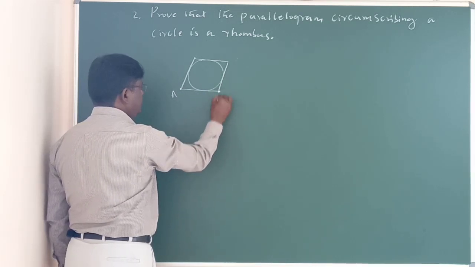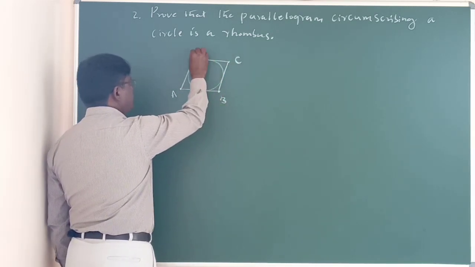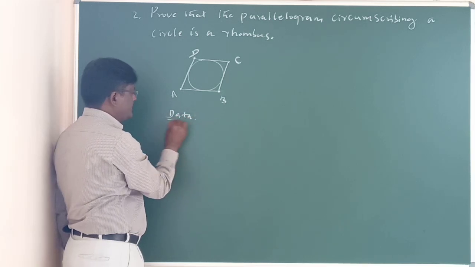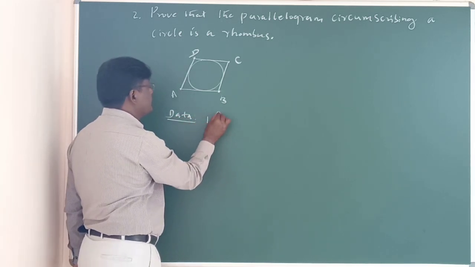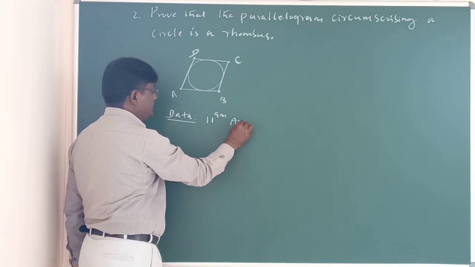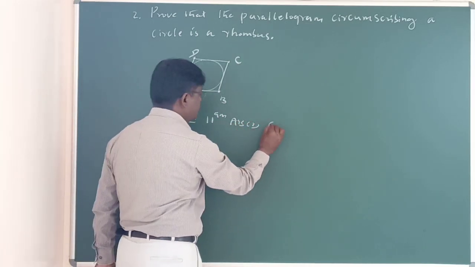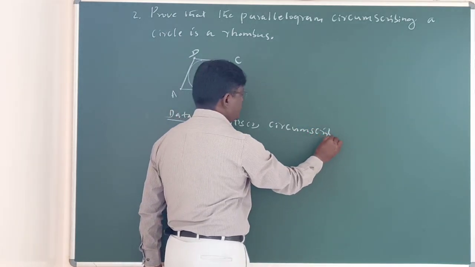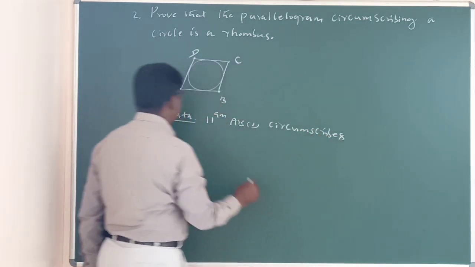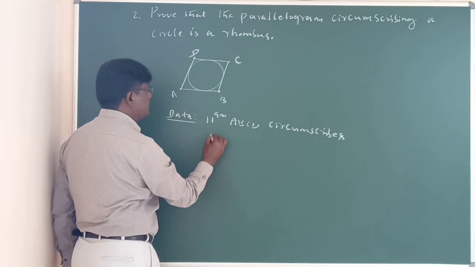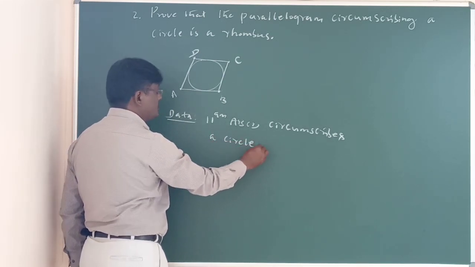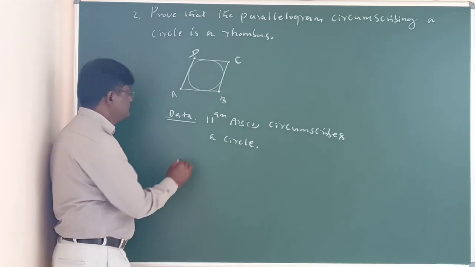A, B, C, D. So here the data: parallelogram ABCD circumscribes a circle.